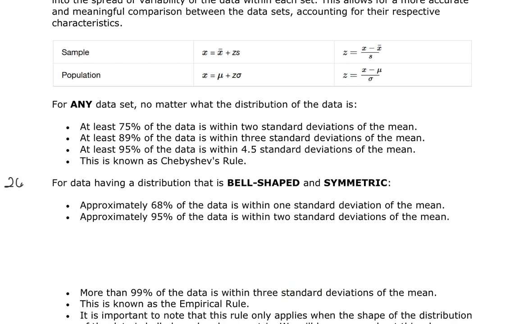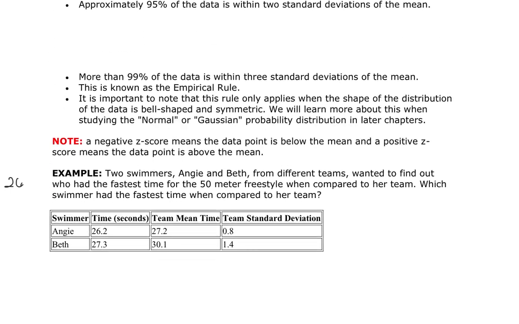And this is called the empirical rule. And this only works for the symmetric or bell-shaped. We're going to call this later the normal or Gaussian probability distribution. Now, back to the z-scores. A negative z-score means the data point is below the mean, and a positive z-score means that it's above the mean.